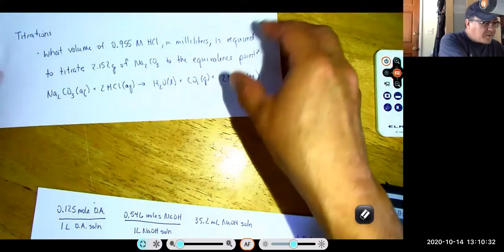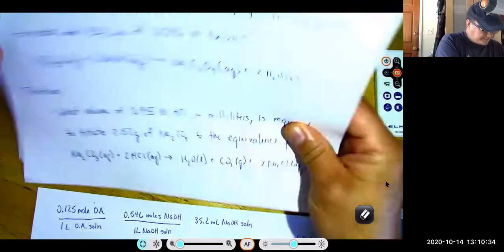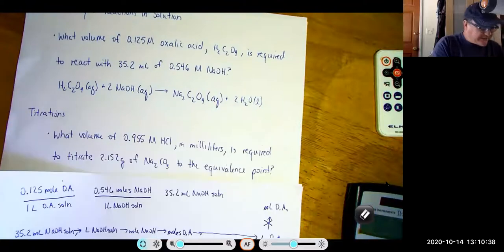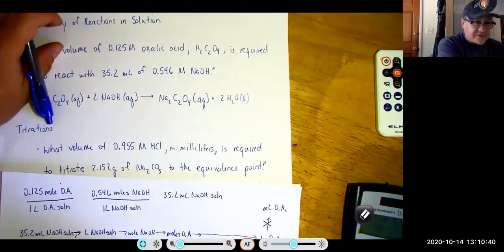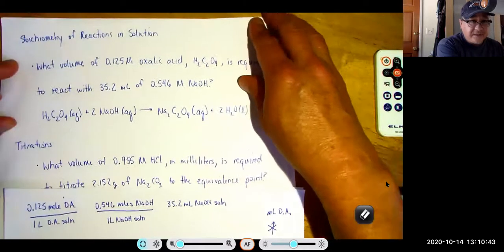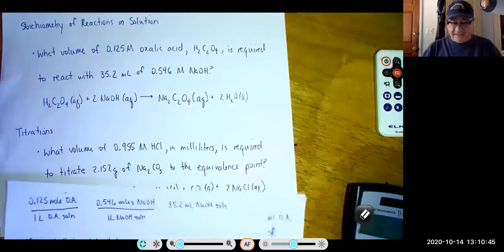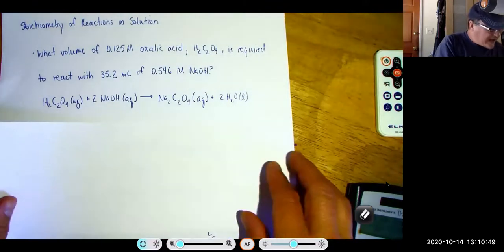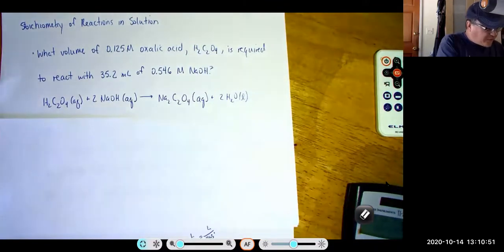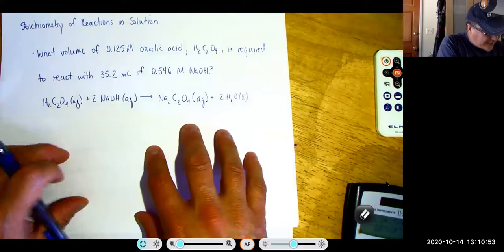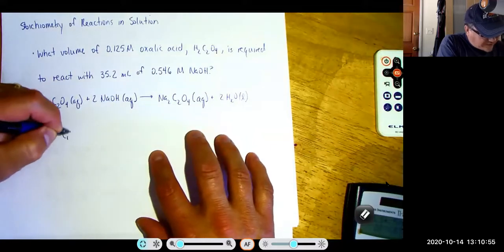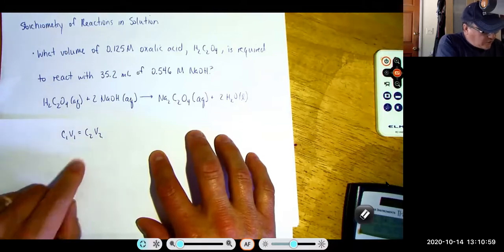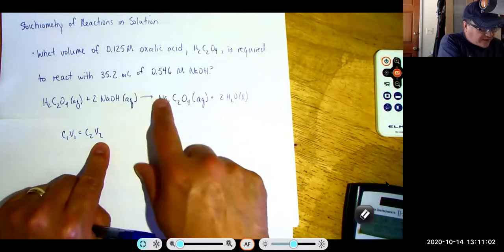Oh, before we move on, actually, I'm sorry. So everyone sees this problem up here. What volume of oxalic acid? I know a lot of people like this thing called Khan Academy. And in Khan Academy, what they'll do for a problem like this sometimes is they'll say C1V1 is equal to C2V2. And so here you want the volume of oxalic acid.